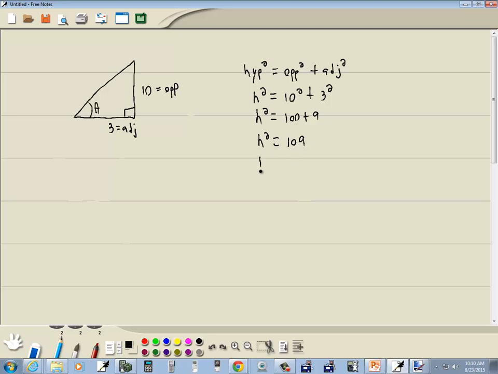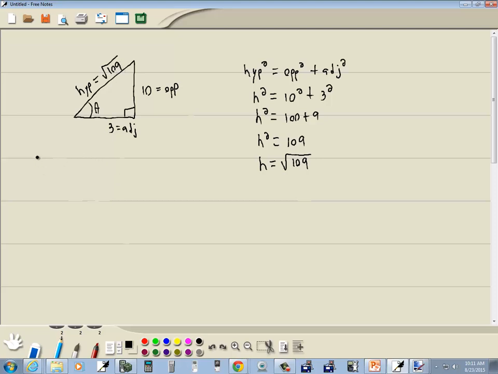Now we'll drop a squared and we'll put a square root around the other side. So H is going to equal the square root of 109. Now we would simplify this radical if we could, but I don't think that breaks down any. At least I'm not seeing anything that goes into it where it can break down further. So our hypotenuse is going to equal square root of 109.